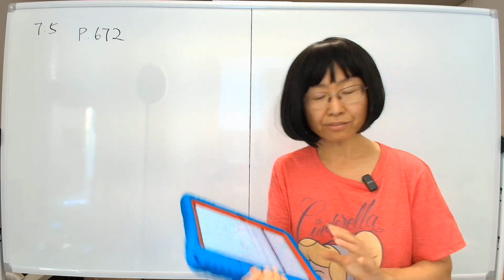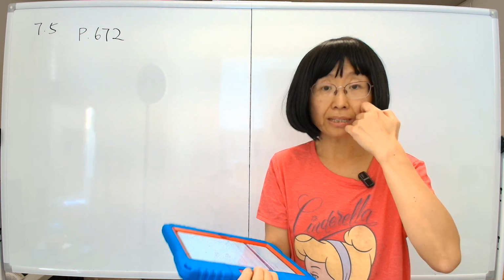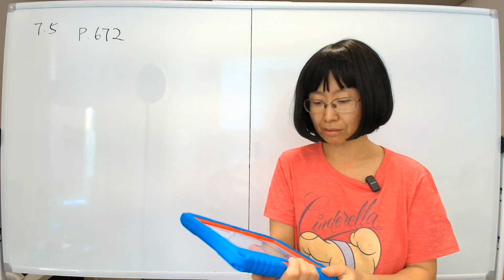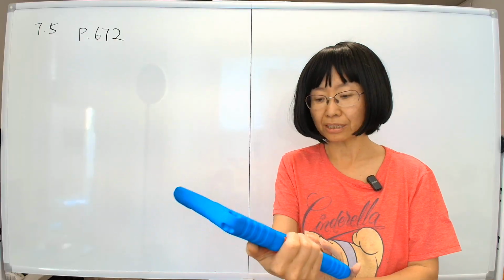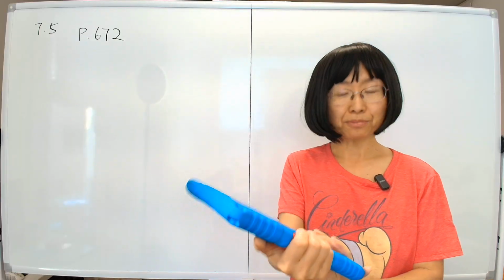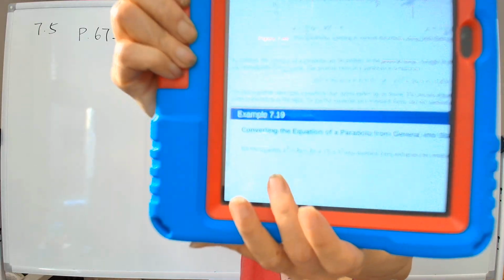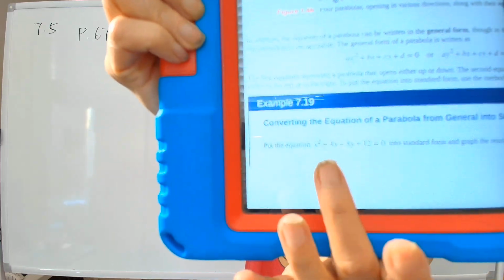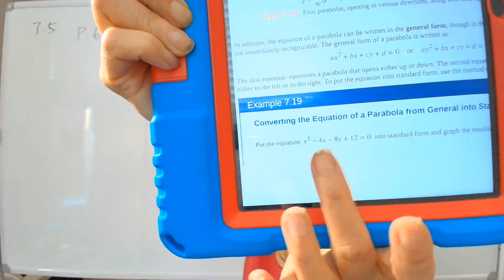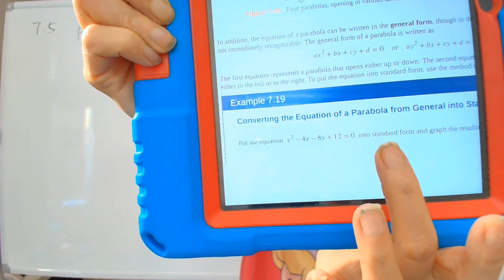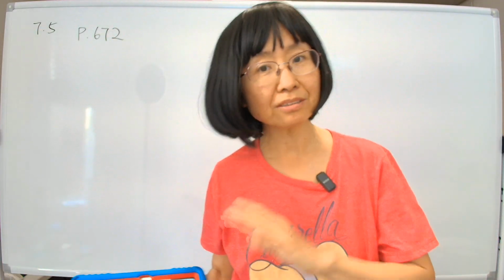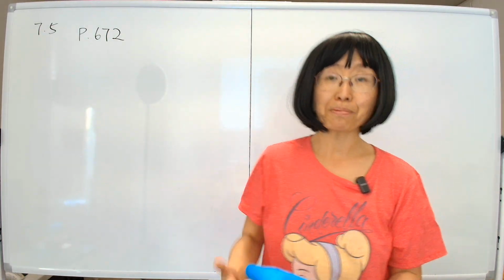You don't need some special Desmos calculator, just the general calculator. You type in this entire thing: x squared and so on plus 12, and then equal to 0. Once you do that, the entire parabola will pop out magically.